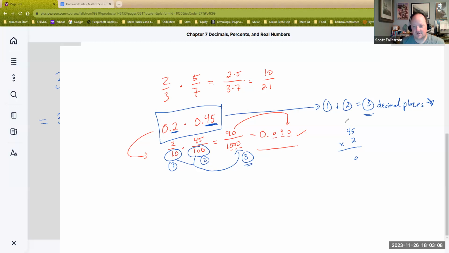So 2 times this, 1 times 0 is 90. Okay, so I have the number 90, but there's 3 decimal places. So put 90 in over here, and then I have to fill in any additional zeros as I go. And that is how you multiply. That's it.